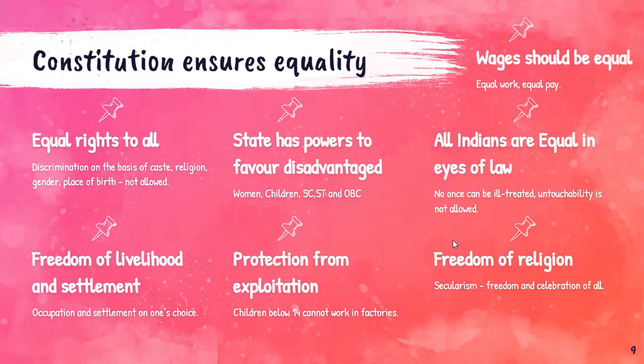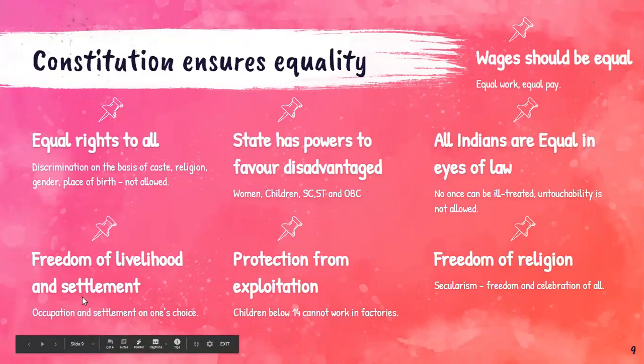If someone is found to be practicing untouchability, the person who is being discriminated against can approach the court, and the person who is discriminating can be heavily penalized, put behind jail for even 3 years, with a lot of fines as well. So yes, all Indians are equal in the eyes of law. You cannot ill-treat someone and get away with it, right?